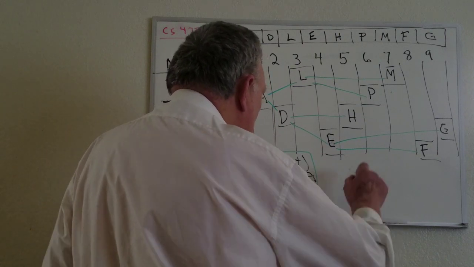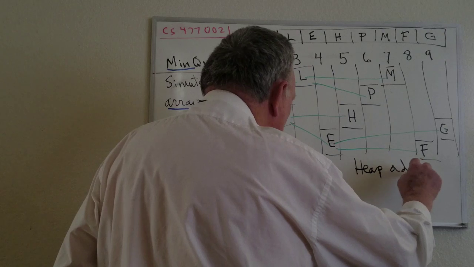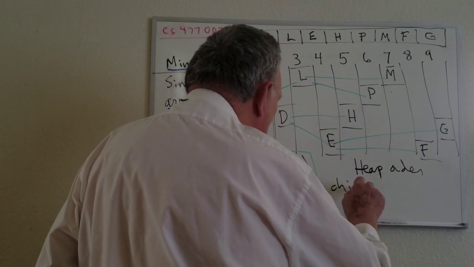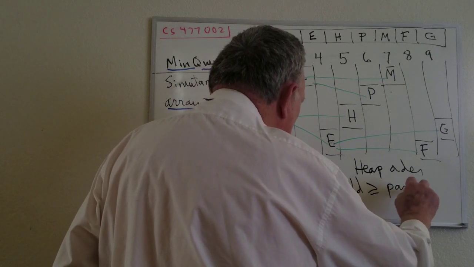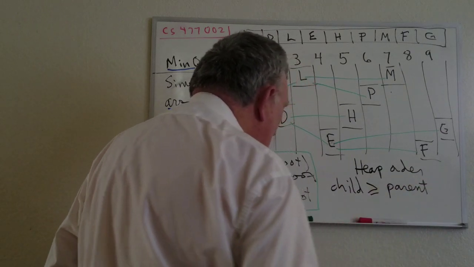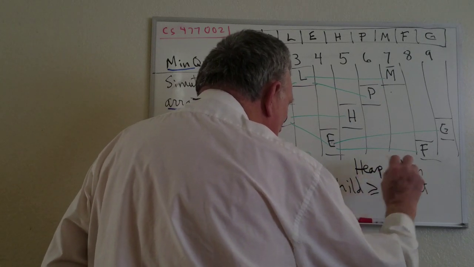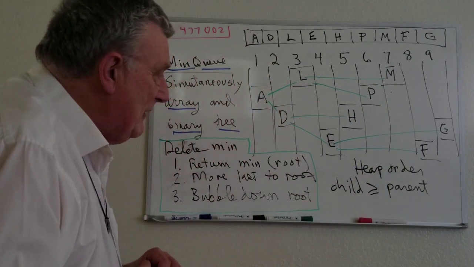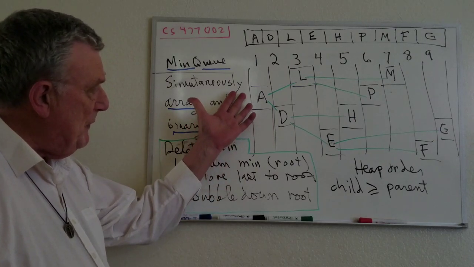Heap order means the child value is greater than or equal to the parent value. All right, now that's because it's a min tree. If it were a max tree, the child value would be less than or equal to the parent value. So this is the shape of the tree.